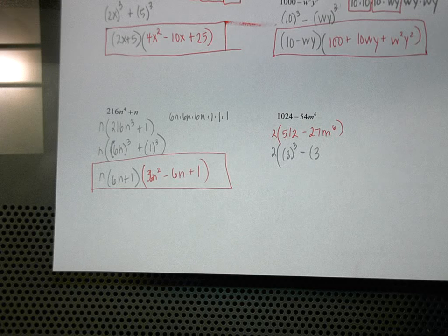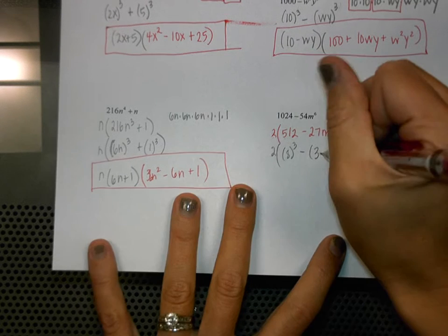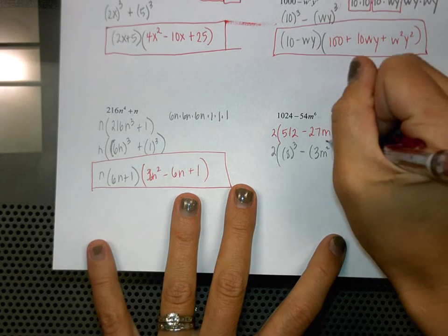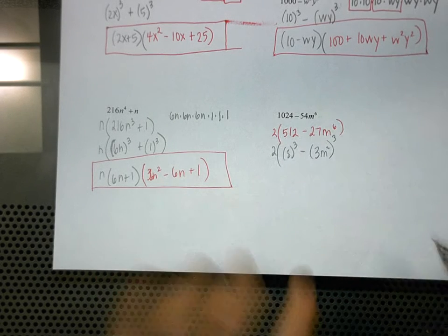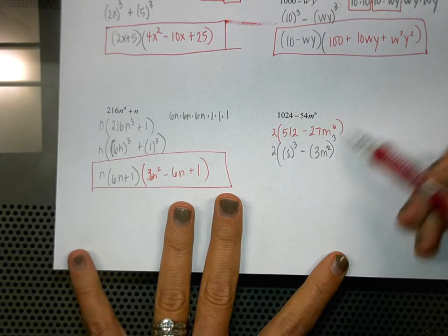Now, this is where some people get confused. We want it to be a cube on the outside, right? And powers to powers you multiply. So what two numbers would work to multiply with 3 to be 6? 2. So that means it's going to be m squared to the 3rd power, because we want the 3 on the outside, and 2 times 3 ends up making 6.